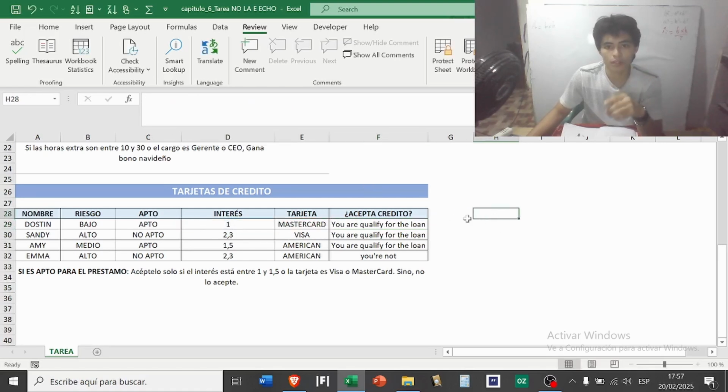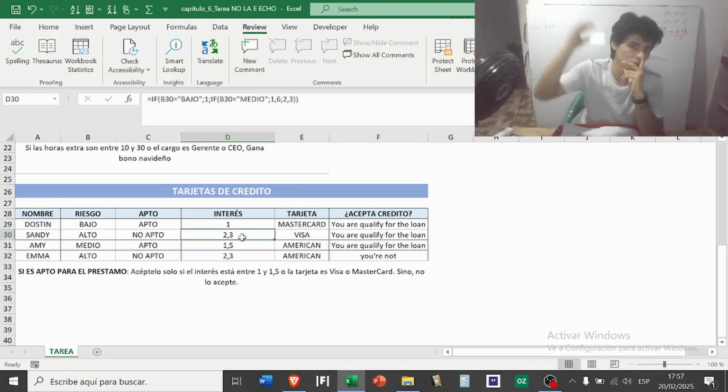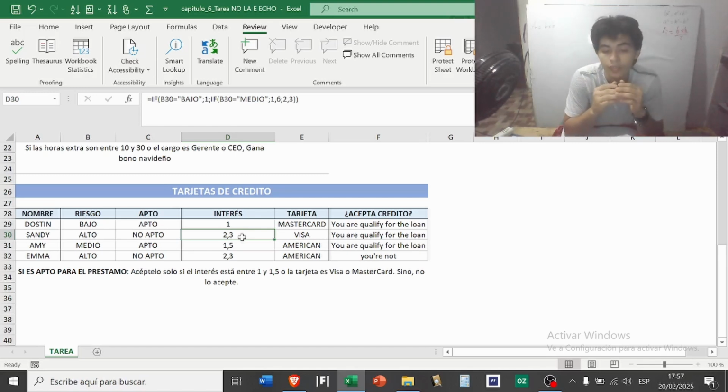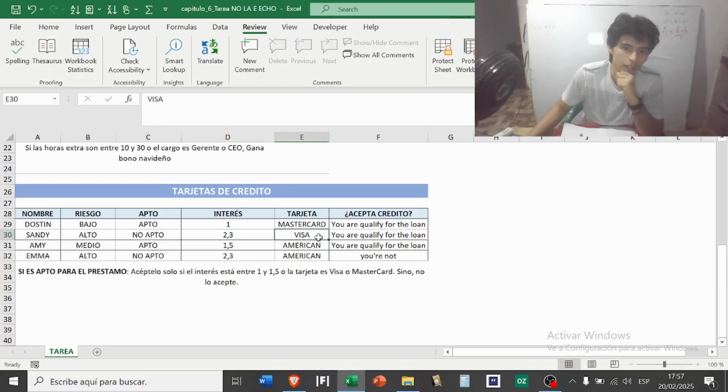Let's see in the data. This person has 1.1% of interest, and also has a Mastercard, so he is qualified for the loan. Let's see Sandy. She has a very high interest, but she has a Visa, so she is qualified for the loan. She has one of the two options.